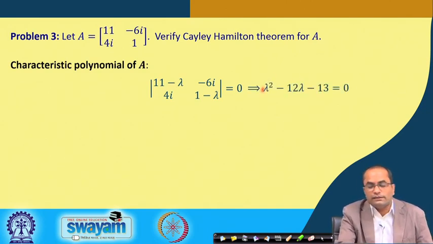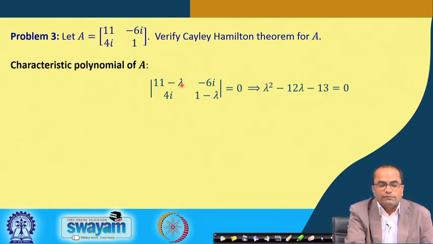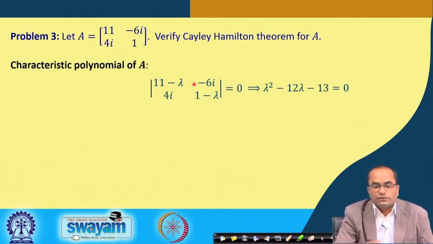So, we will get this equation lambda square minus 12 lambda minus 13, that is just the product of 11 minus lambda and 1 minus lambda, and then minus minus plus 24. So, again minus 24. So, we can simplify, and we will get this equation lambda square minus 12 lambda minus 13.